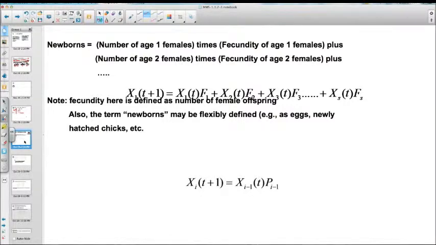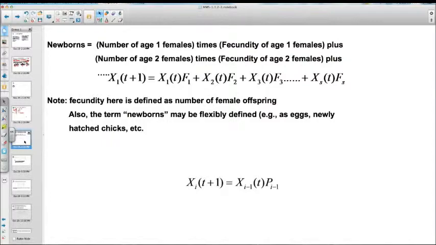Well, let's see the transition. The first transition is always the hardest one. But if you understand, nothing is different. It's just counting all the mothers. We only consider the female population anyway.